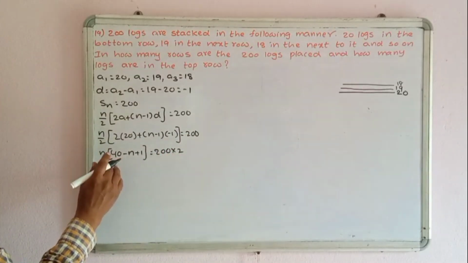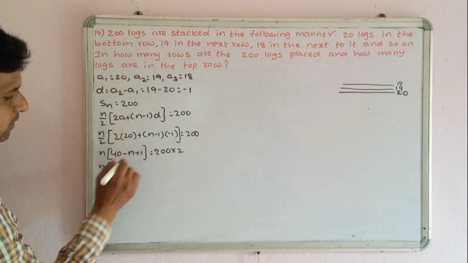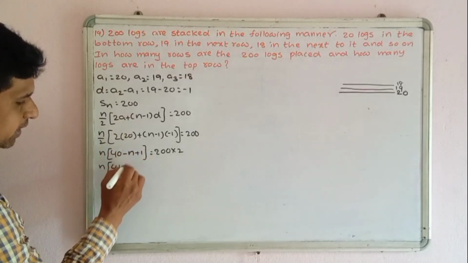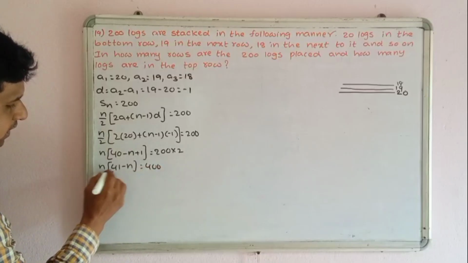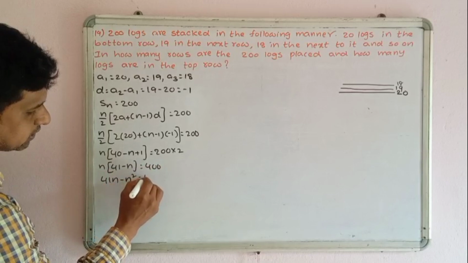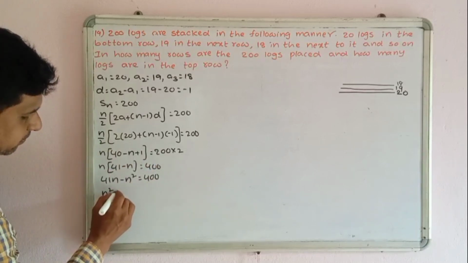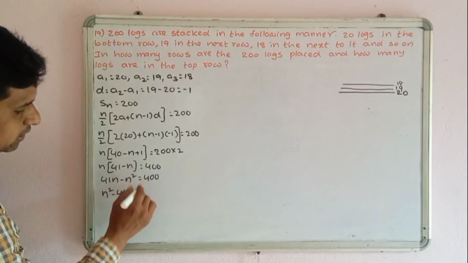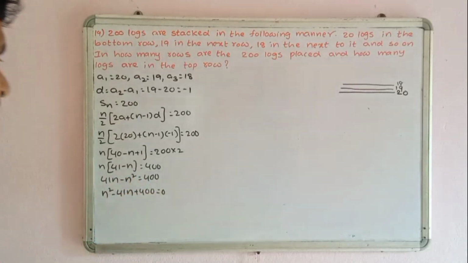So n times 40 plus 1 is 41, n minus n equals 400. So n times 41 is 41n, n times n is n square, equals 400. Transposing these terms to the right side, n square minus 41n plus 400 equals 0. This is a quadratic equation in n.